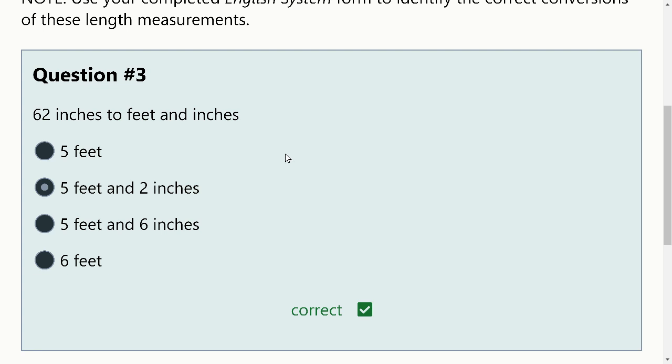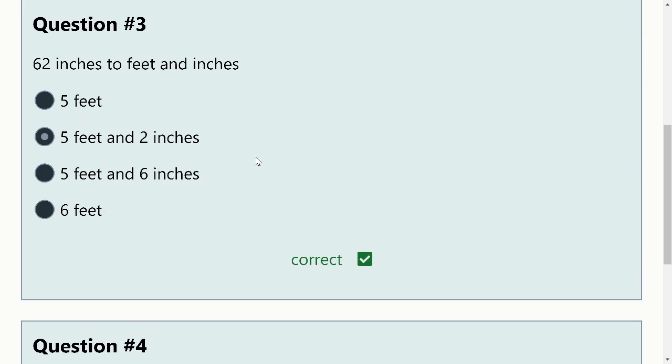Did everybody see that? Say it again. She divided by 12, because 1 foot is 12 inches.